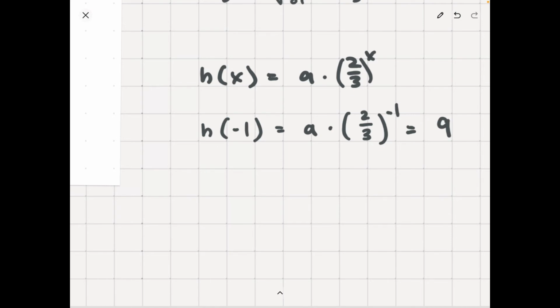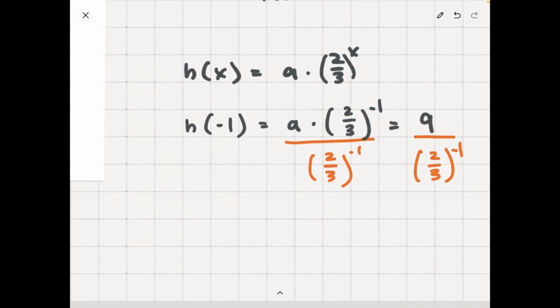So if I'm going to solve this, I want to solve for a. So what I should realize is that I'm multiplying by 2/3 to the -1 power, so I should divide both sides by 2/3 to the -1 power. Okay, so this simplifies nicely.